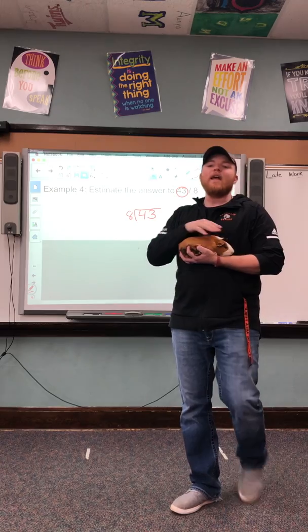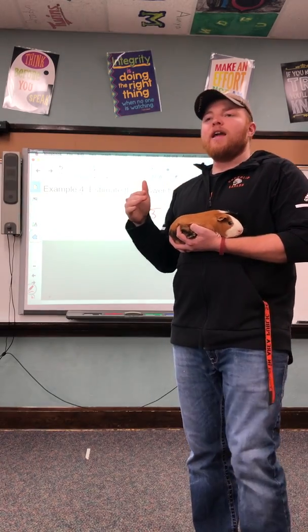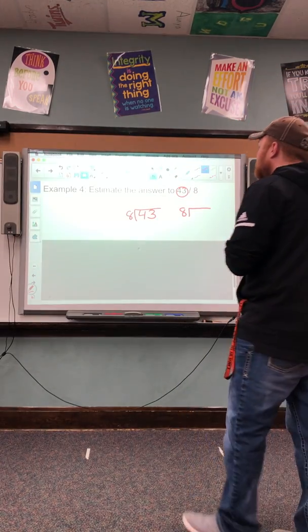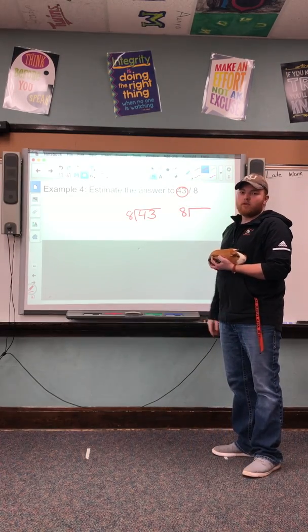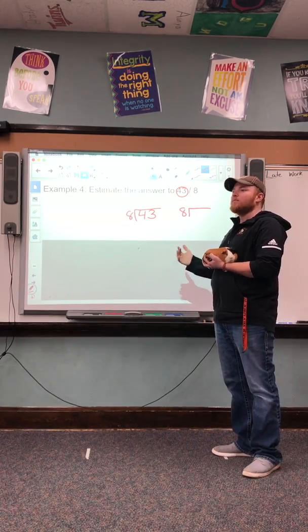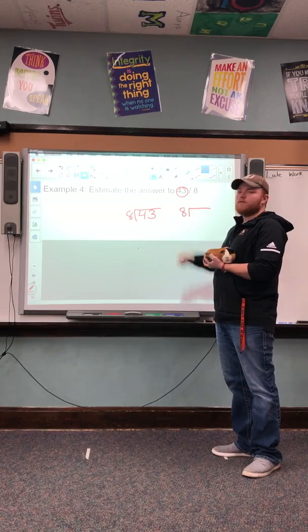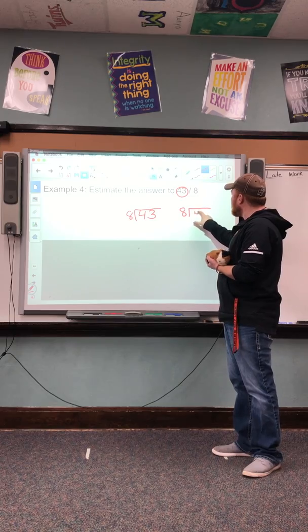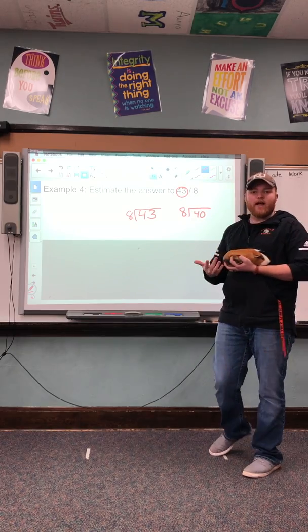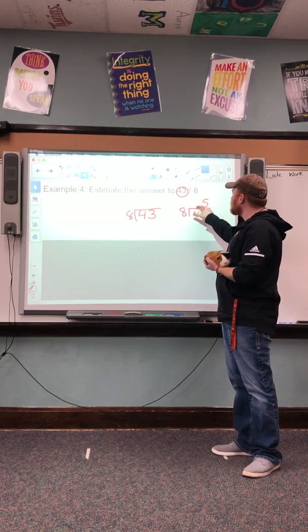Now, what's a multiple of 8 that is close to 43? What number that 8 can go into is close to 43? It'd be 40. 8 can go into 40 how many times? It'd be 5.